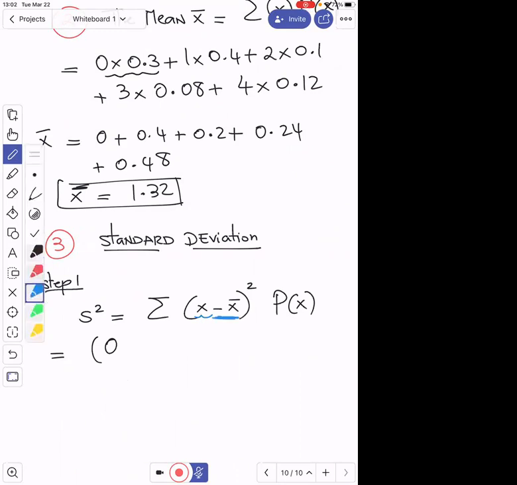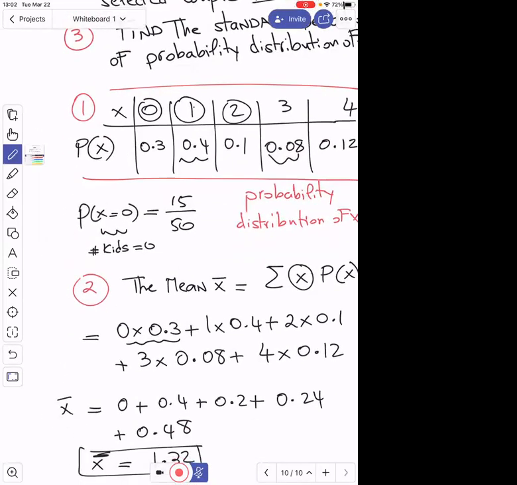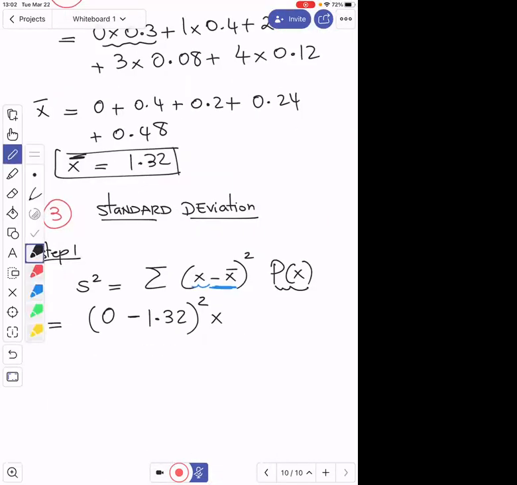I just computed the X bar, and we said it's 1.32, right? And then parentheses, then there is a square, right? Times, and then we multiply by the probability of X. So X here is 0. Probability that X is 0 is 0.3, right? That's from the probability distribution table. So times 0.3.